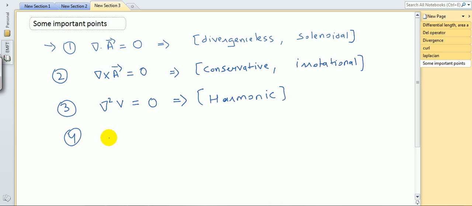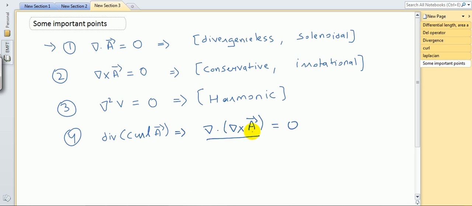If I find the divergence of the curl of a vector, that is, if I write in del operator form, it will be 0. That is, the divergence of a curl of a vector will be 0.